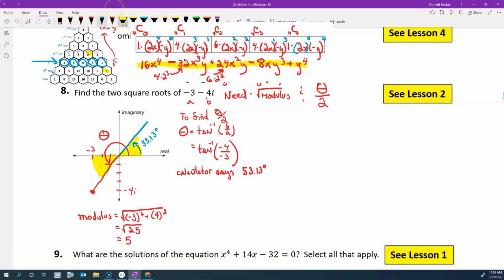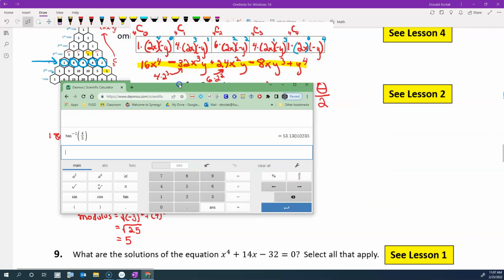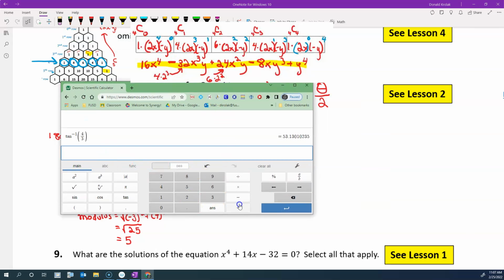So to get theta, I'm going to take 180 and add 53. So you have to graph these so you understand where the angle is. So now I add those two up, and I've got 180 plus 53.